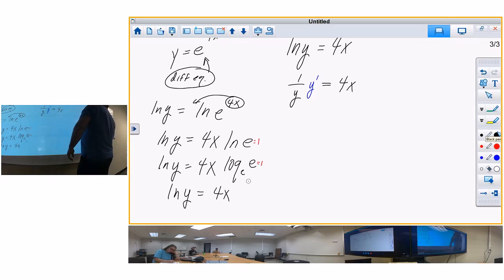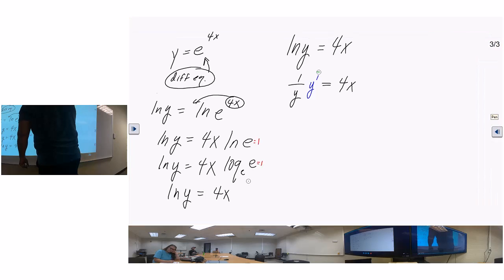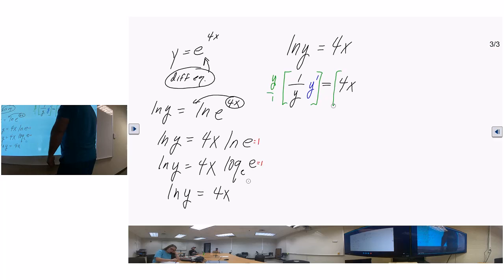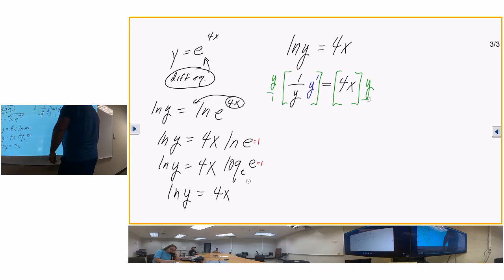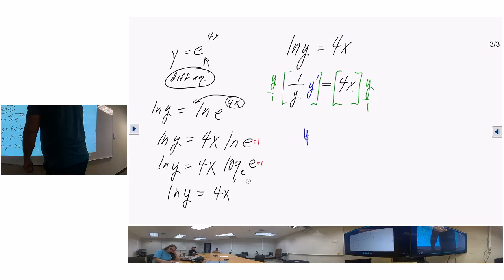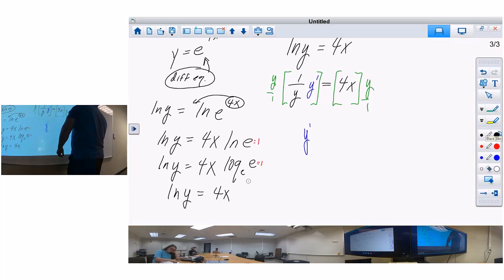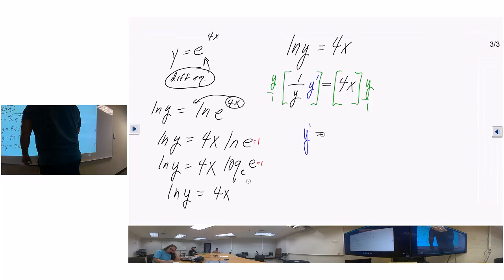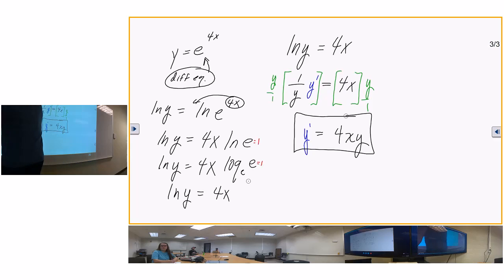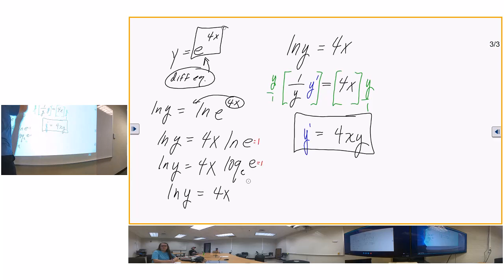So I'm going to multiply both sides by y over 1, and we get y prime is equal to 4xy. So the derivative of e to the 4x is equal to 4xy.